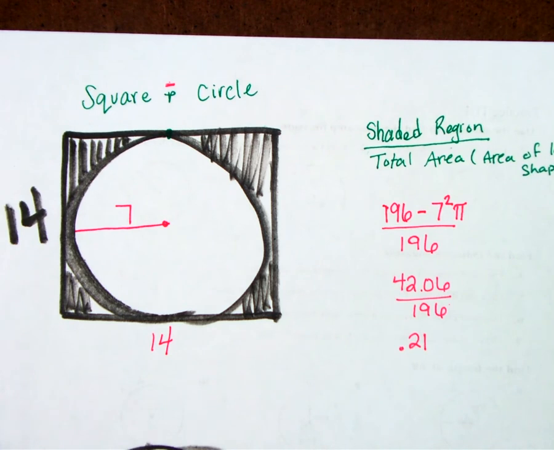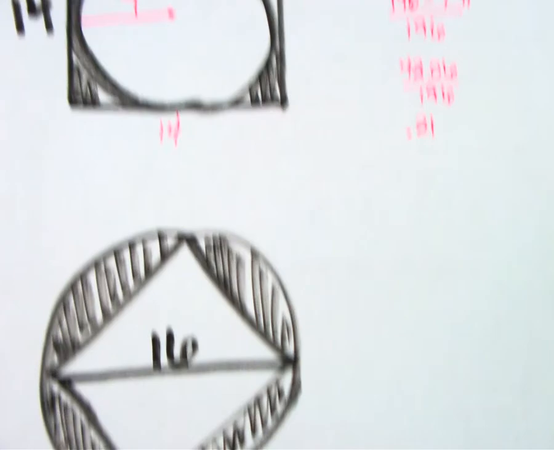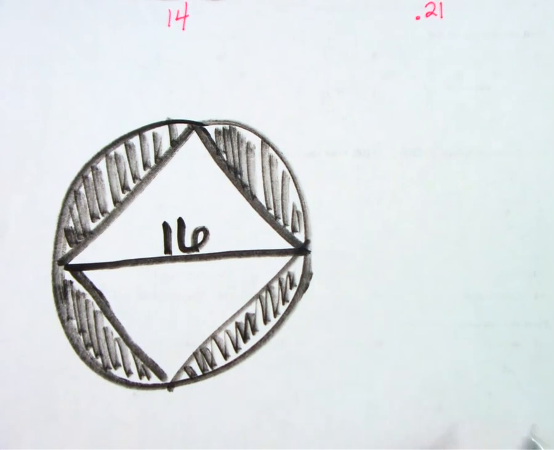Okay, so I flipped the script on this one, and I've made a circle, and then I've put a square inside of the circle. Okay, so when you put the square inside of the circle, you've got to tilt it. Got to kind of turn it sideways.